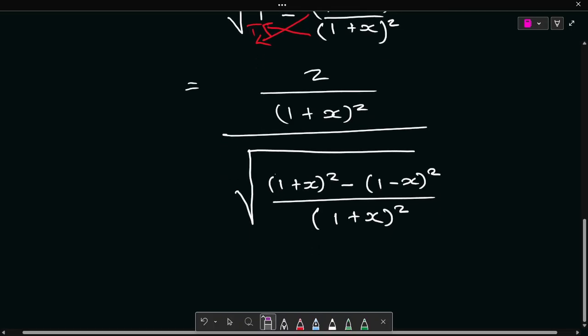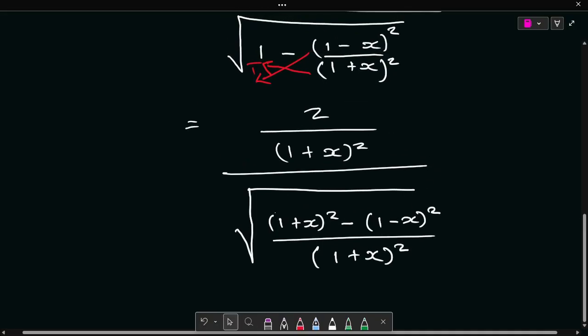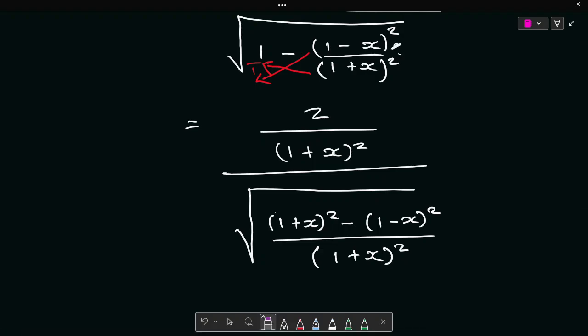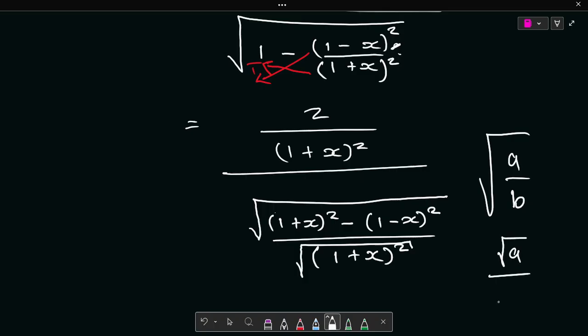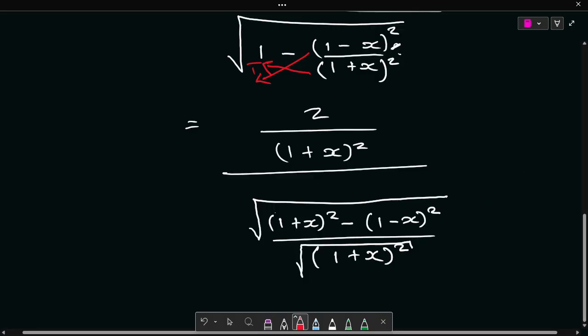And we're going to do the same thing we just did here to the square root. Basically, we're going to make the square root on the top part like this, even on the bottom part. This is one and the same thing. When you have a over b inside the square root, you can write it as root a over root b. It's one and the same thing. So you're going to notice that this 2 and the square root are going to cancel.